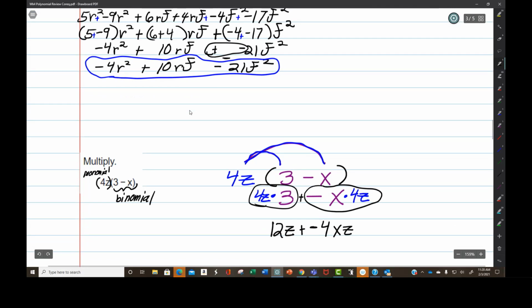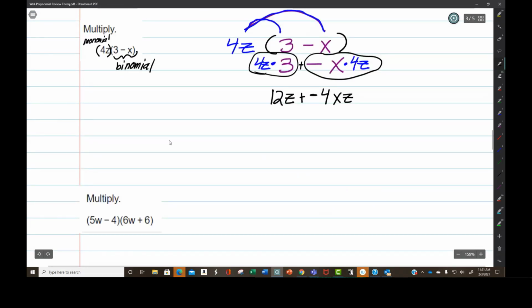So it's not a strict rule, but it's something that you kind of try to do when you can. So this would be your answer, except of course we combine the plus and the minus. So ultimately it will just be a minus and your answer will be 12z minus 4xz. And this is a form of multiplication called distribution. Put my little blue box around there.